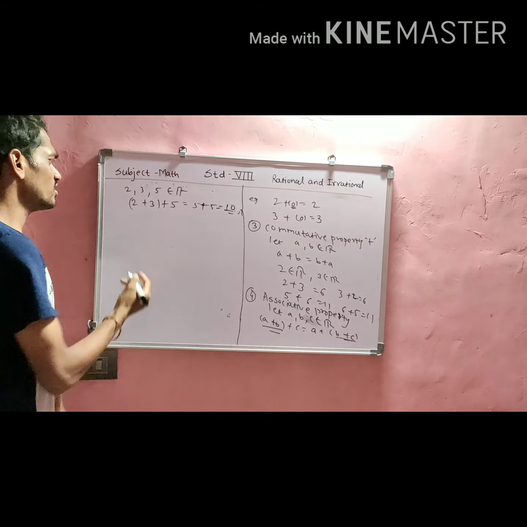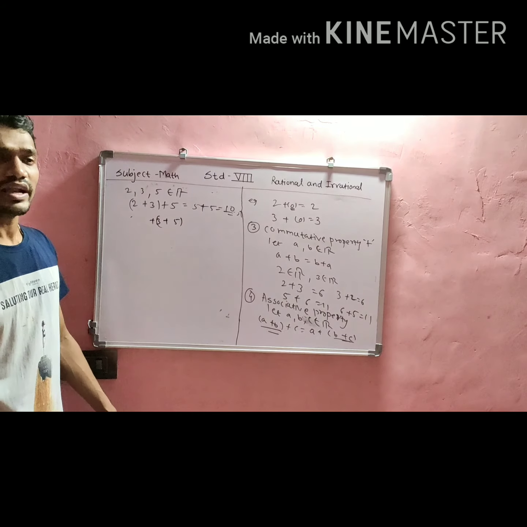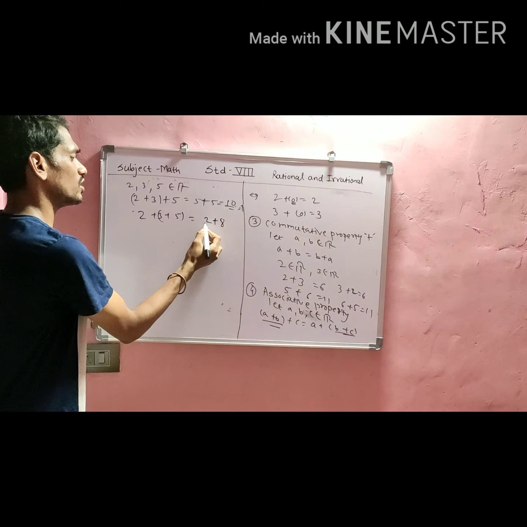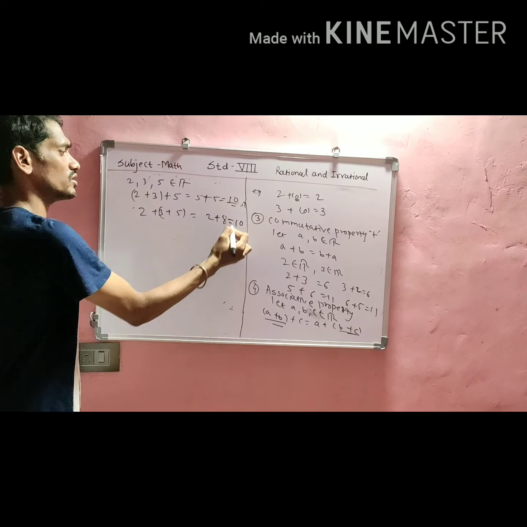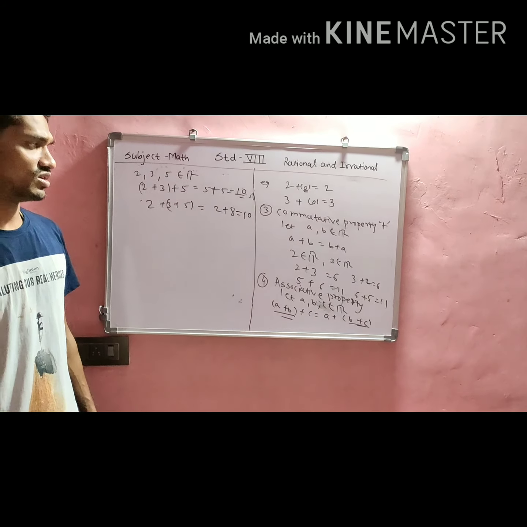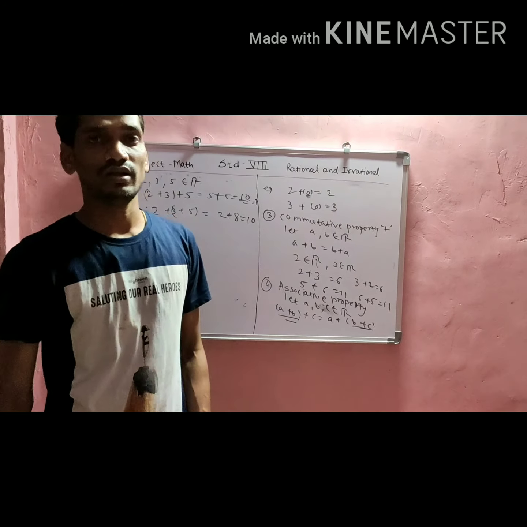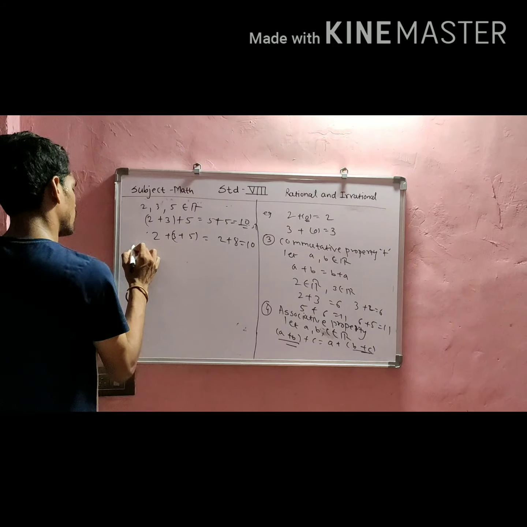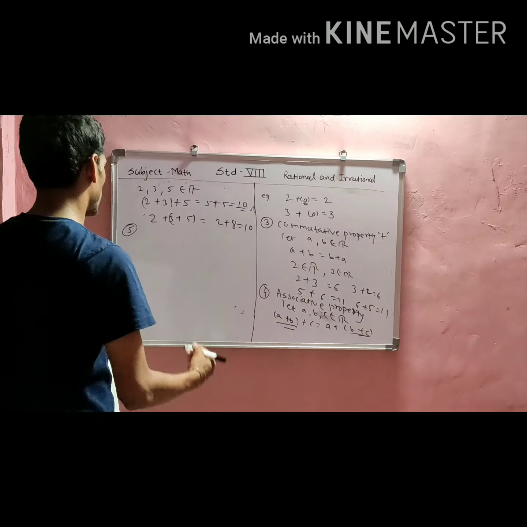And if I add 3 plus 5 first, which is 8, and then add 2, again we get 10. First I am interchanging the bracket, and the answer is the same. Nothing changes in the answer. So this is called the associative property in the real numbers with respect to the binary operation plus.